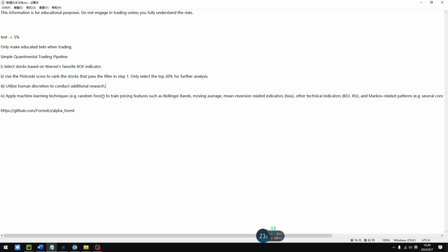And also we can use some Markov-related patterns, for example, several consecutive ups or downs, like 5 or 6 consecutive ups, then maybe the trend will be reversed, right?